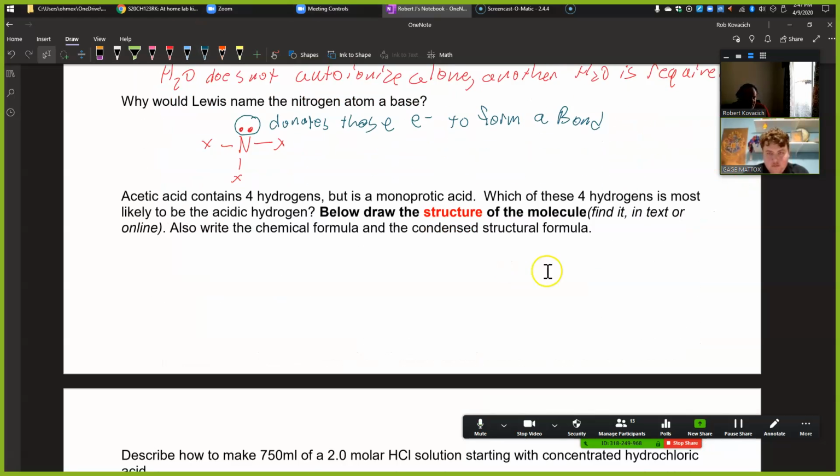All right, acetic acid is monoprotic. So I got H, C, H, H, C, double bond O, OH. Can you give me 2 reasons why this is the acid? I thought it was because of the electronegativity of the oxygen. All right, that's one. Bond is very polar.